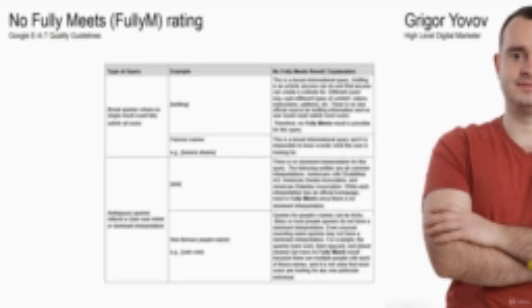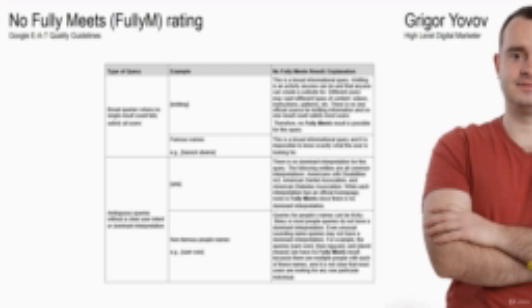Hello, in this lesson we'll talk about a few cases where the full meets rating cannot be applied. The first type is broad queries where no single result could fully satisfy all users, and here we should underline all users.